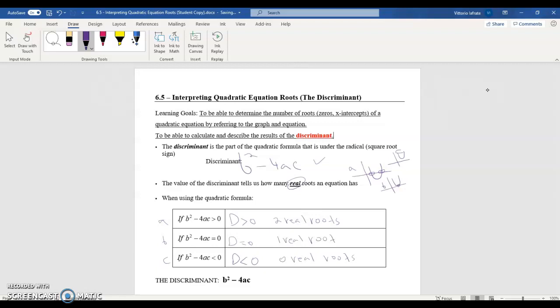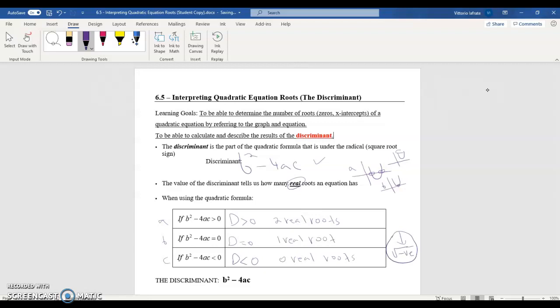And if you think about it, that makes sense, because if you have a b squared minus 4ac that's less than 0, that means you have a square root of a negative number. And for now, we know that that's not possible. So that's why you would have 0 real roots in that case there.